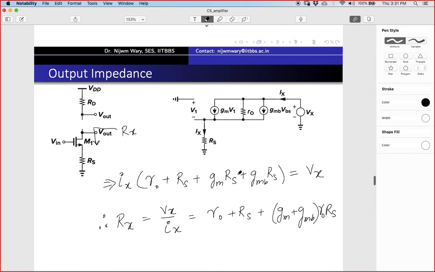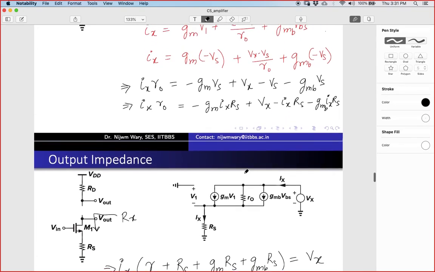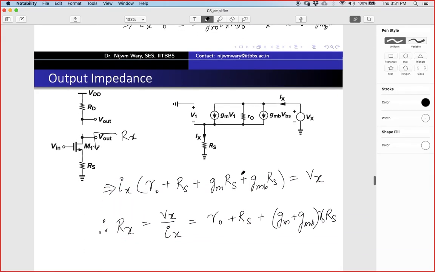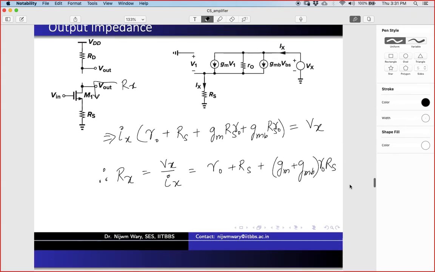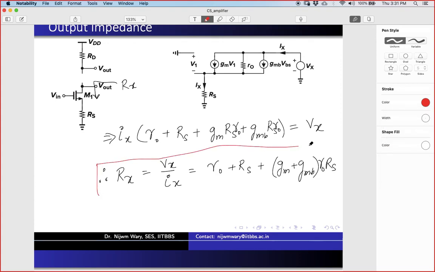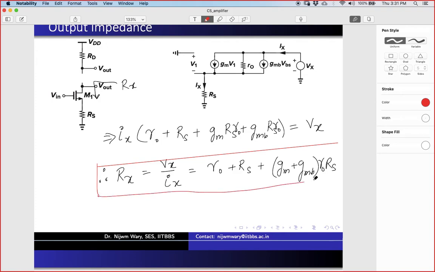Actually, I missed the Rho here, and there also the multiplication of Rho will be there everywhere. Okay, so this expression is very important and we should remember this. It looks a little complicated, but it's not tough, and it's not complicated to remember. I have put a summary at the end.